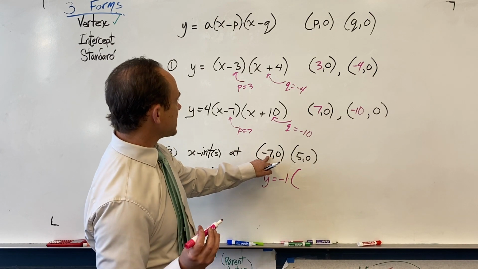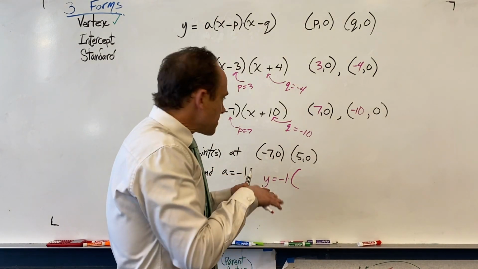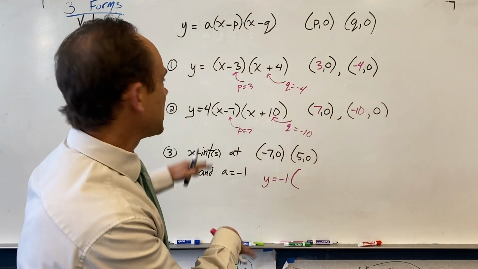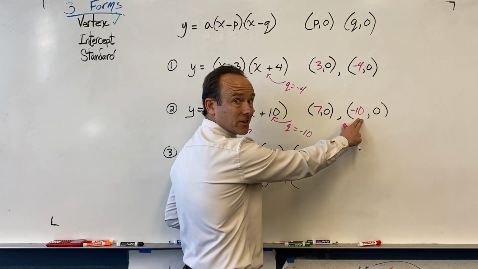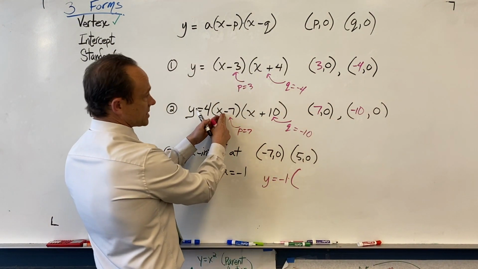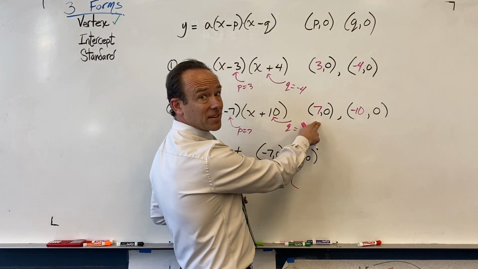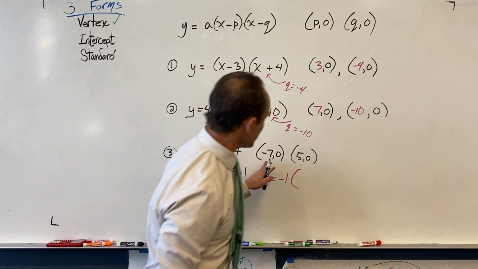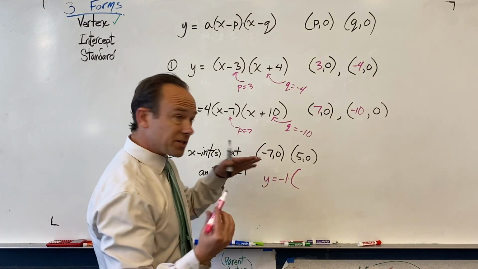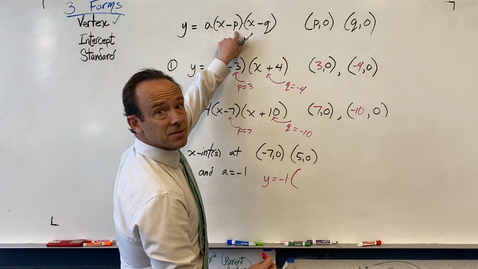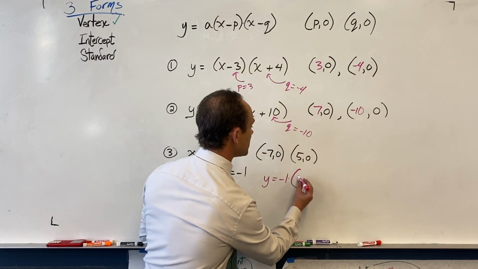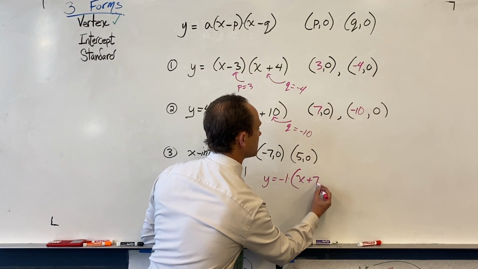Okay, -7. Looking at our previous examples, I realized that when it's plus, the intercept's at a negative, and when it's a minus, the intercepts are at a positive. So if p is going to be -7, well, minus a negative is positive.